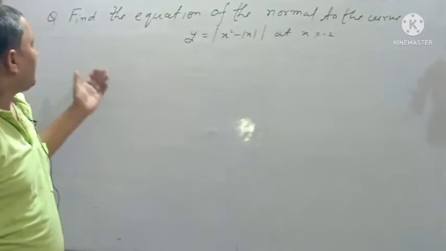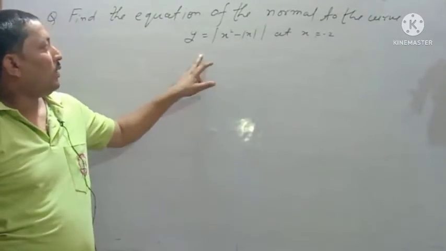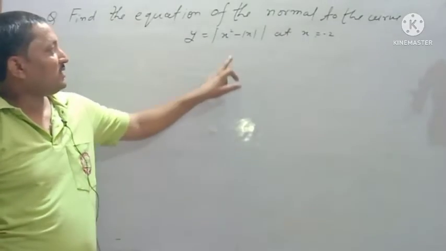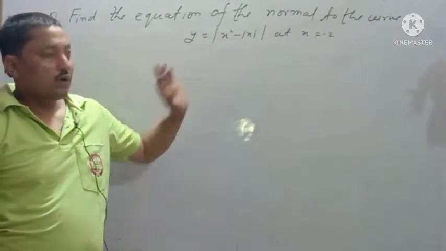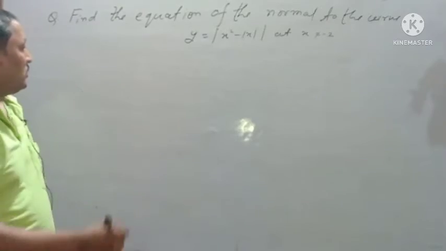Question: find the equation of the normal to the curve y equal to mod x square minus mod of x at the point x equal to minus 2.